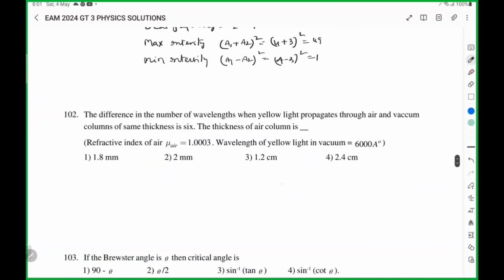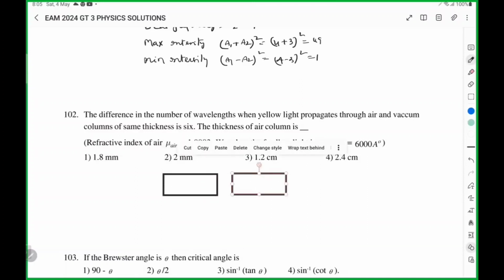The difference in the number of wavelengths when yellow light propagates through air and vacuum of the same thickness.